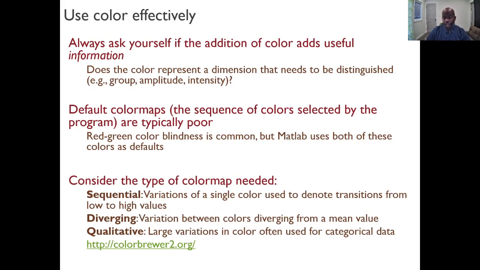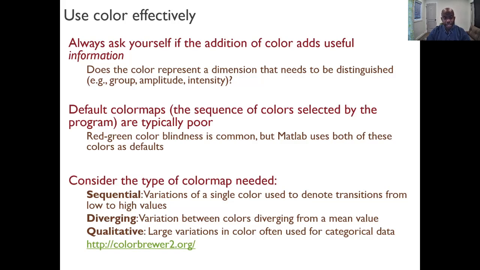And so when thinking about color, any resource on design will talk about color. Color Brewer is a website that I like that gives you some examples of color maps that you may want to use. And you should think about the different purposes for different types of color maps.